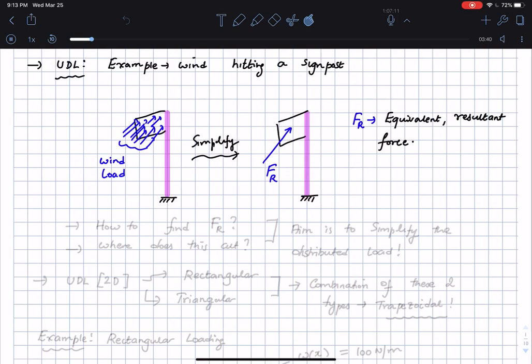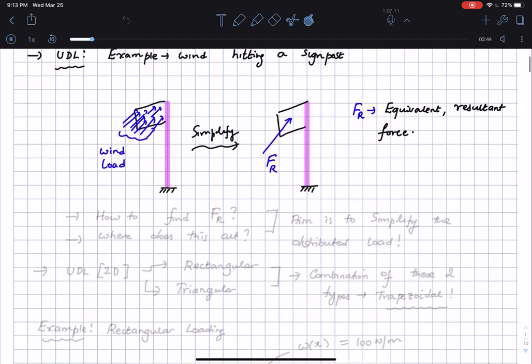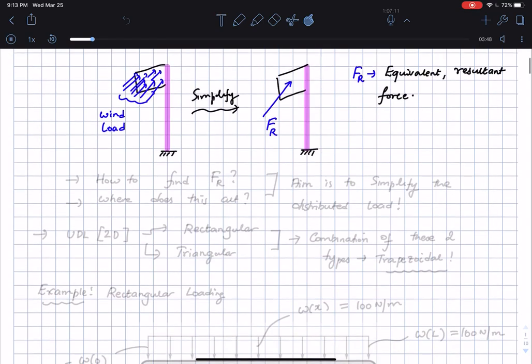Okay, so the big question is, how do I find FR, and how do I modify FR for different types of distributed loading? So the questions that we face are how to find this FR. That's the first question, and this was something that we looked at last time as well. And the second question is, how to see where it acts.